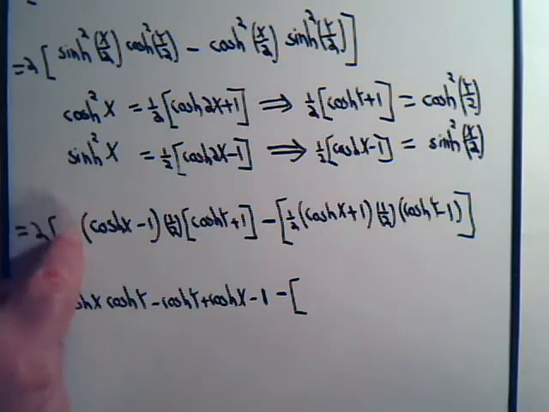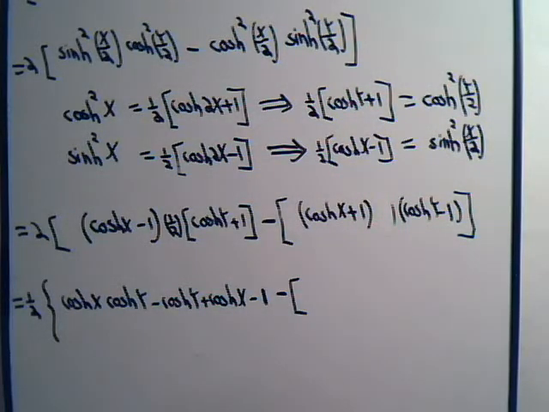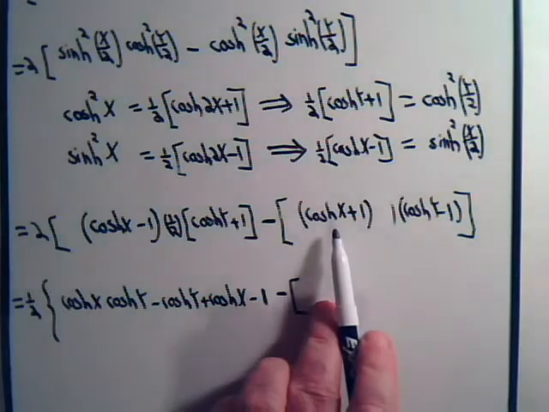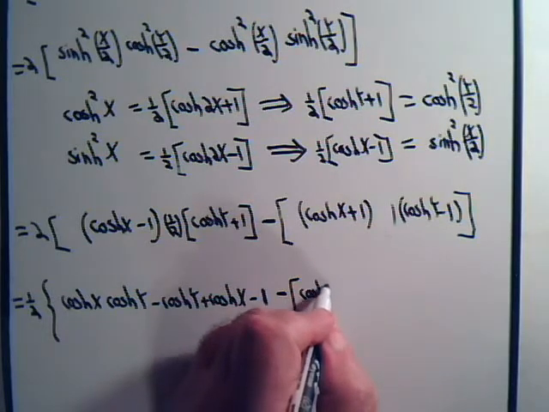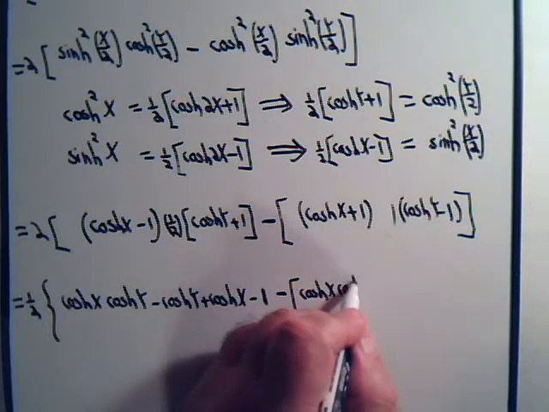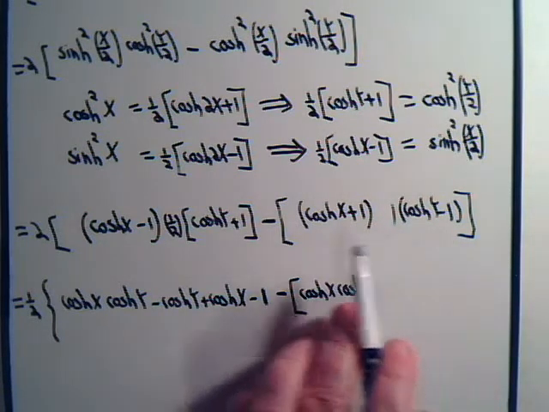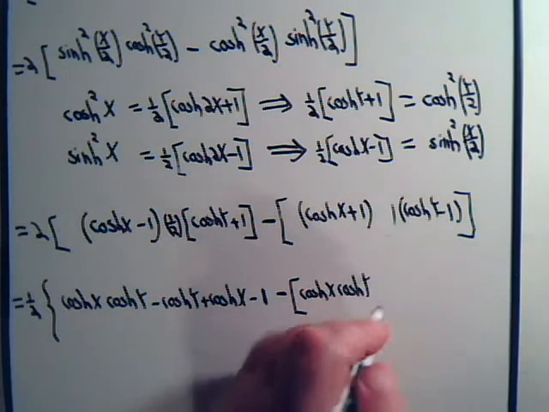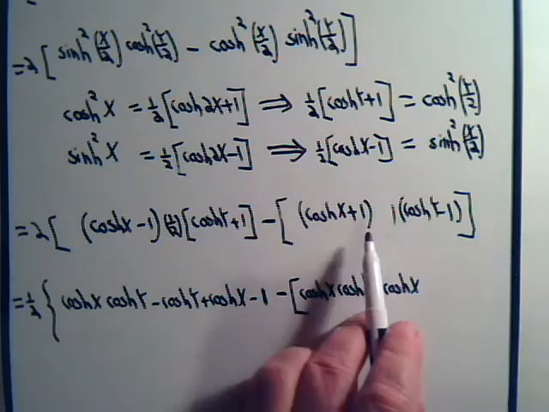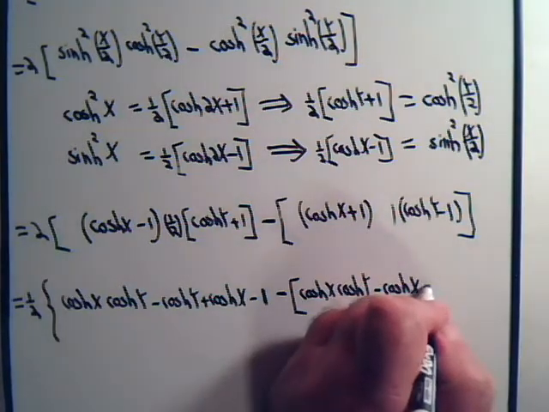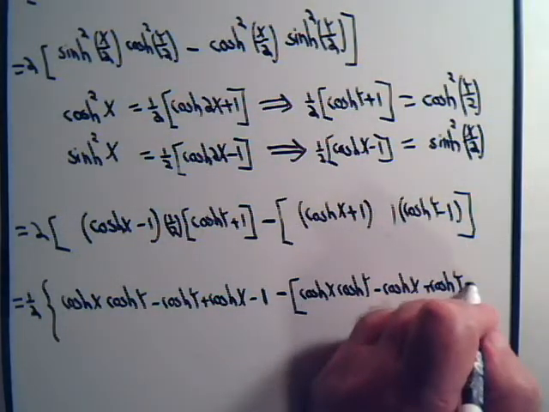We've taken care of these 1/2s now, so these are gone. That's 1/2 times this whole expression here. And here we have this times this, hyperbolic cosine of x, hyperbolic cosine of y, and then we will have minus the hyperbolic cosine of x plus the hyperbolic cosine of y minus 1.